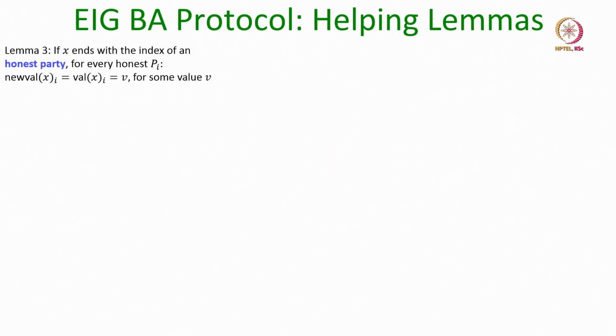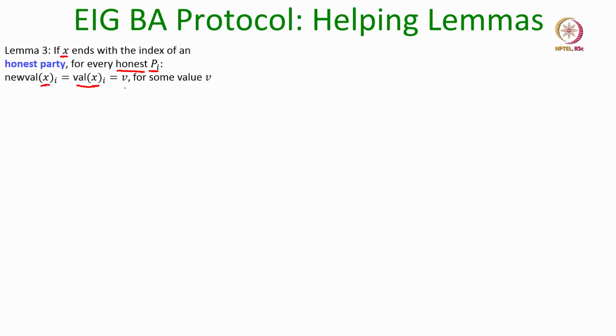Okay. Now comes the very crucial lemma, which states the following: if I focus on any node with label x and it ends with the index of an honest party, then in every local copy of the EIG tree corresponding to the honest parties, that means, if I consider the party pi and if party pi is honest, then the old value of the node with label x will be the same as the new value for the same node.